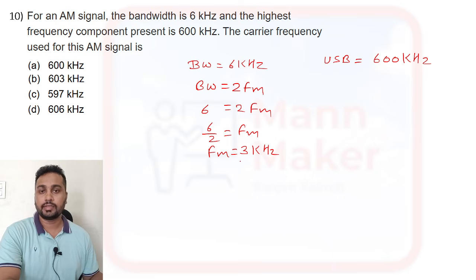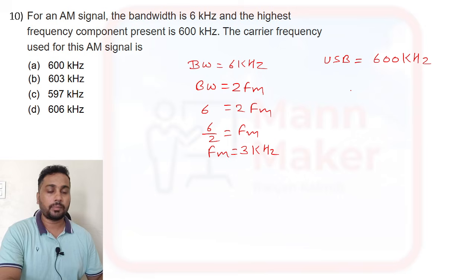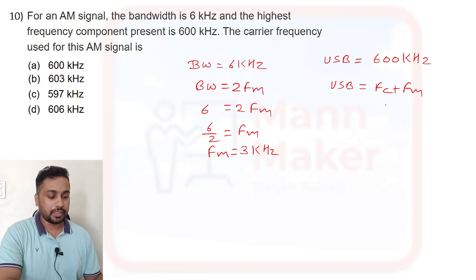So here we got FM equal to 3 kilohertz, and USB, upper sideband, is equal to what? Upper sideband is equal to FC plus FM, that is your highest frequency component. So FC plus FM is given as 600, and this FC, the carrier frequency, we need to find.